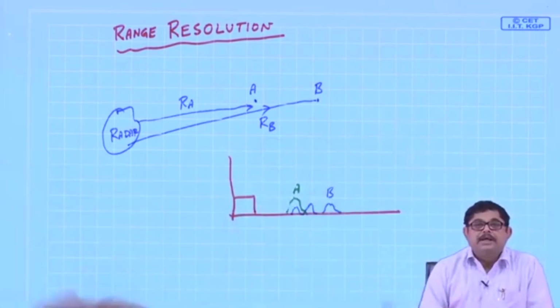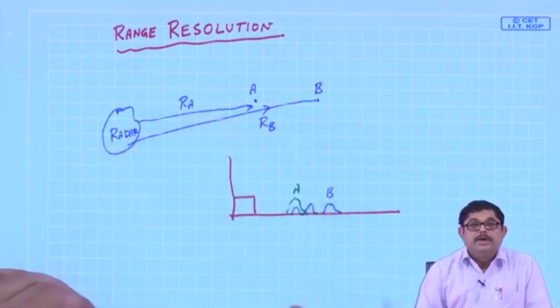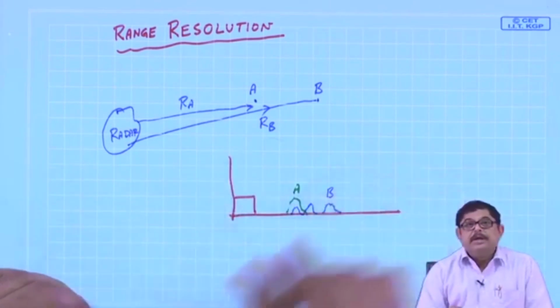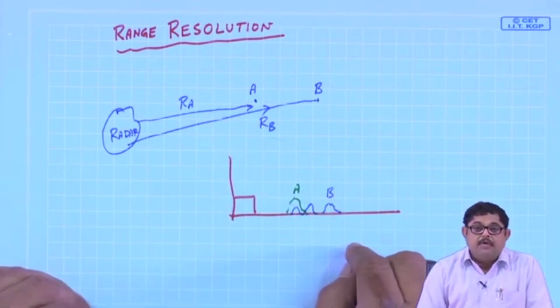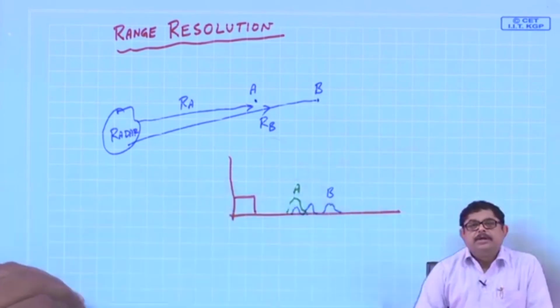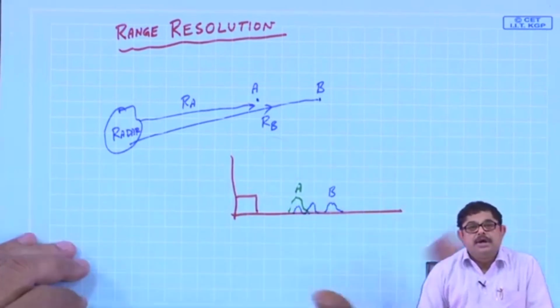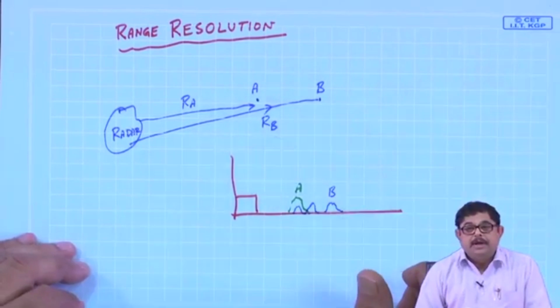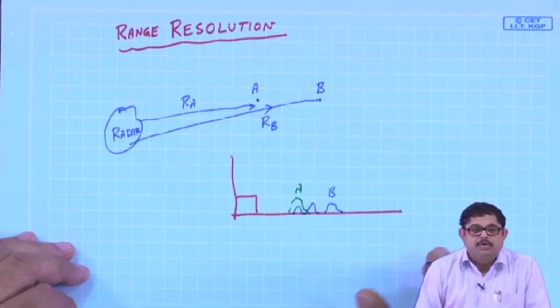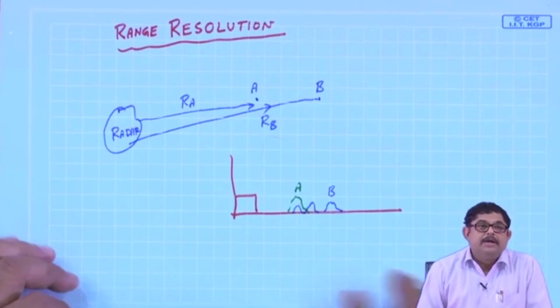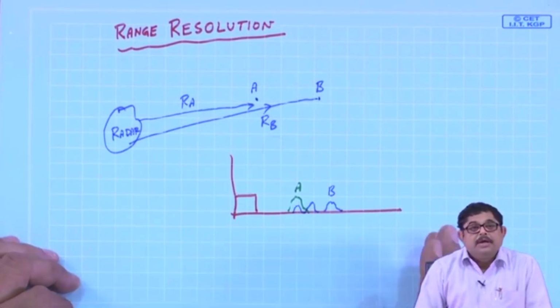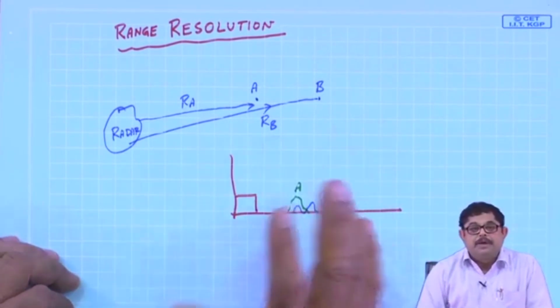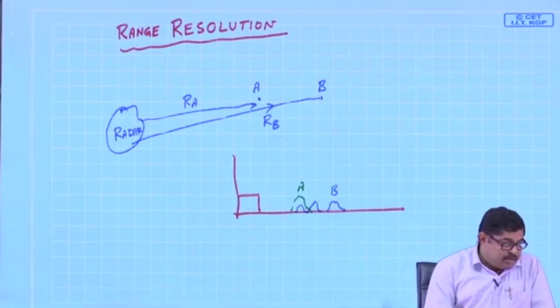So, roughly we can say that pulse width affects the resolution. Now, initially you will assume that resolution is nothing but the pulse width, but later we will see that it is not true. Generally resolution depends on pulse width, but it is not exactly equal to the pulse width.